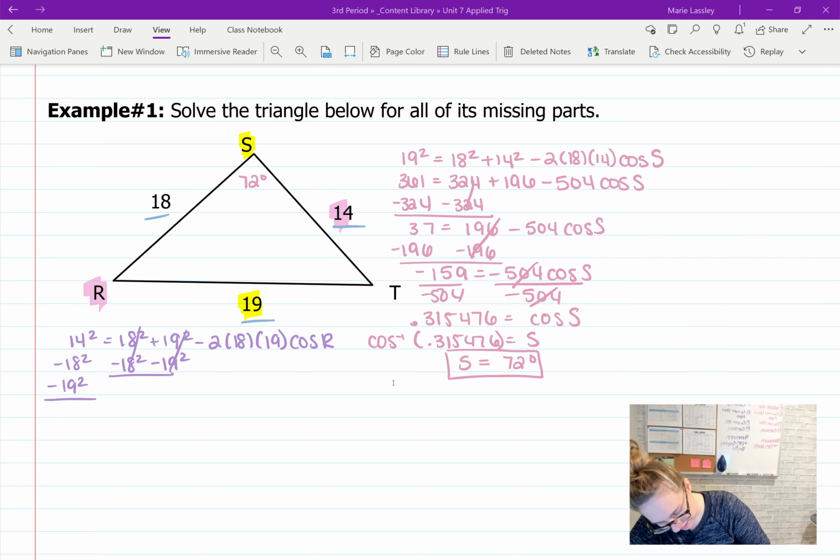So 14 squared minus 18 squared minus 19 squared gives me negative 489. And then negative 2 times 18 times 19 is negative 684 cosine R. So now I just divide both sides by negative 684.